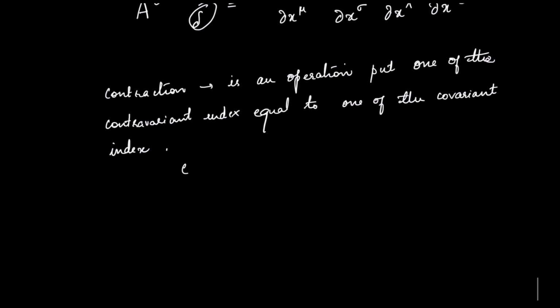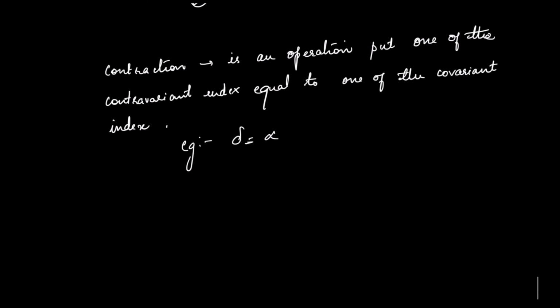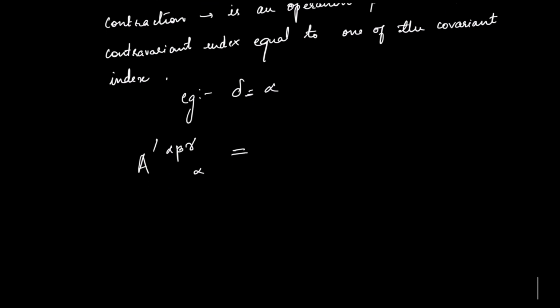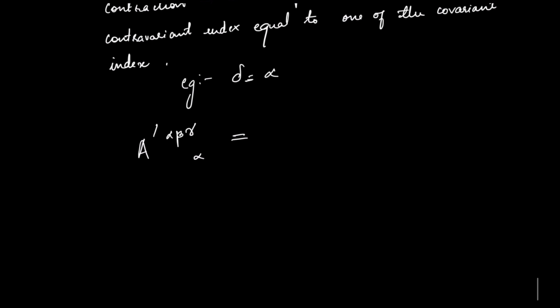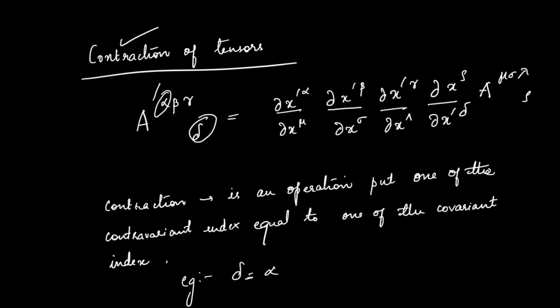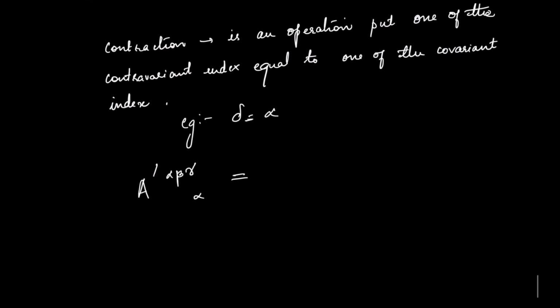So for example, I can take here delta is equal to alpha, so that this becomes A prime alpha beta gamma. Now if delta is alpha, here also I will have alpha. Then on the right hand side also I have to make the same correction, which means if I put delta equal to alpha, then here there is alpha, here there is delta, so both will become alpha.